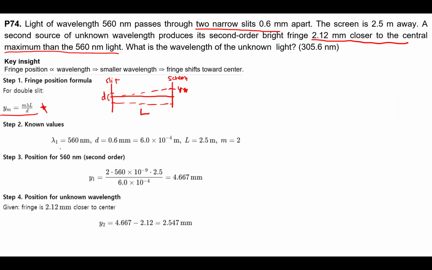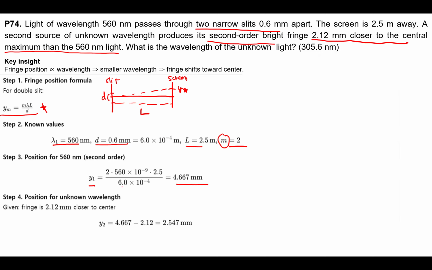For the known values, lambda 1, D, L, we have m equal to 2, second order, right? By plugging these in, you will find Y1 is given by this.